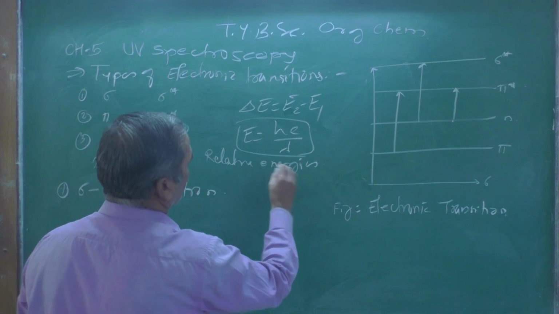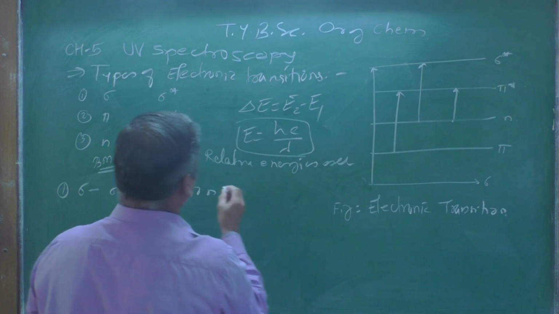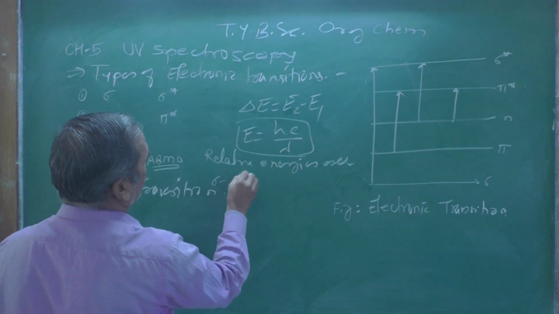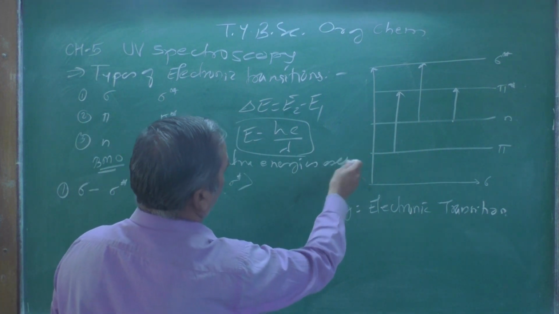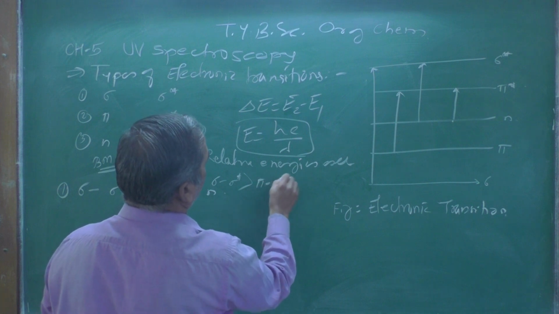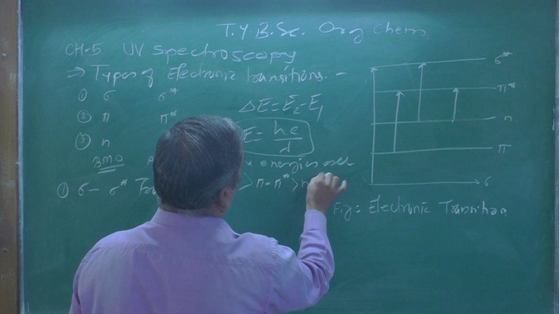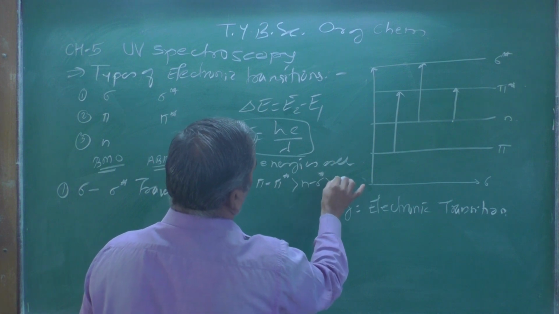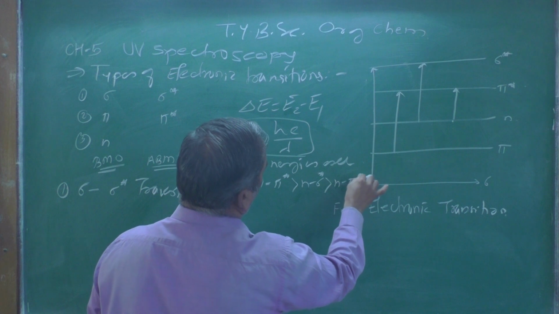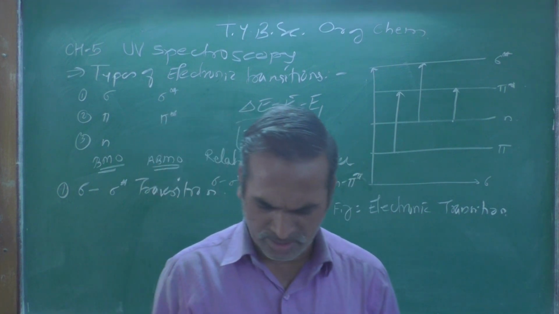The relative energy order is found to be sigma to sigma star, which is higher than pi to pi star, then n to sigma star, and then n to pi star. This is a general order.